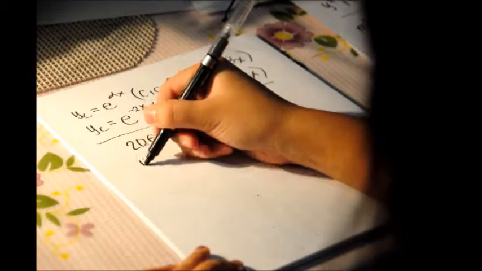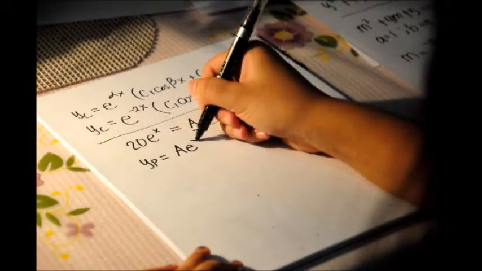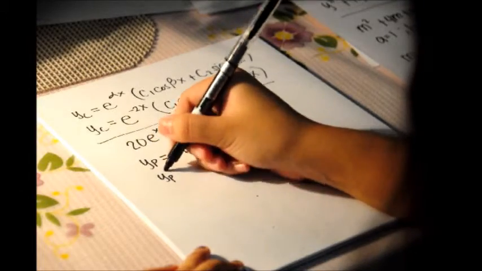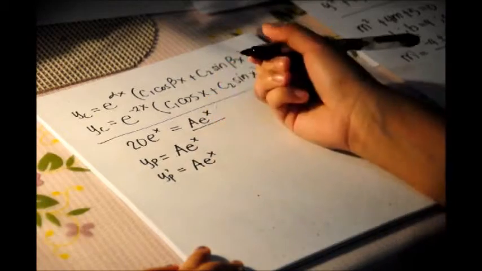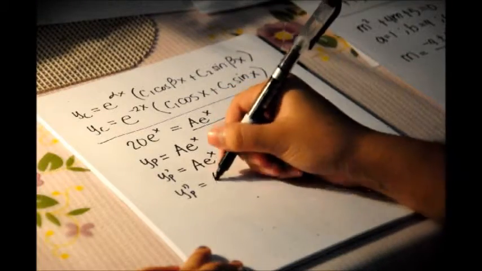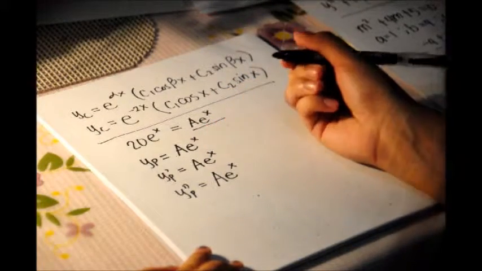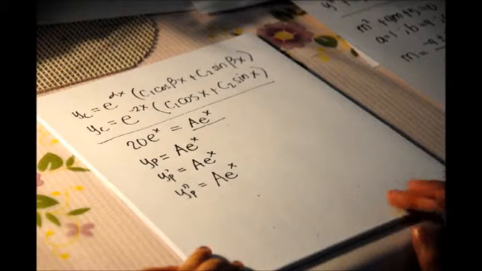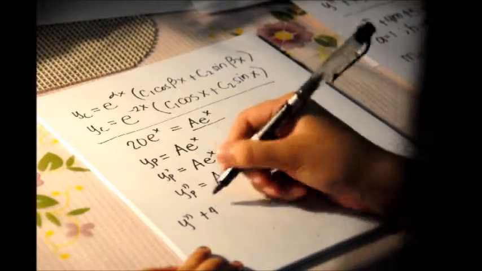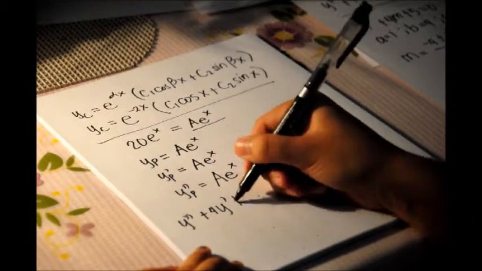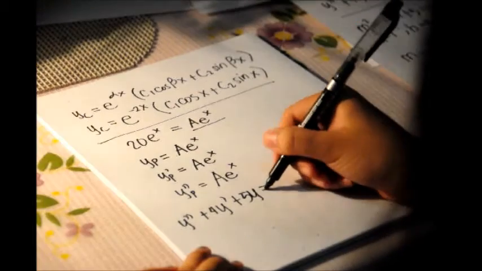So our yt is now a e to the x. Now let's find yt prime, which is still a e to the x. The yt double prime is, well, still a e to the x. So now let's substitute into y double prime plus 4y prime plus 5y.